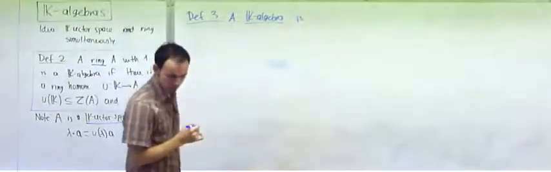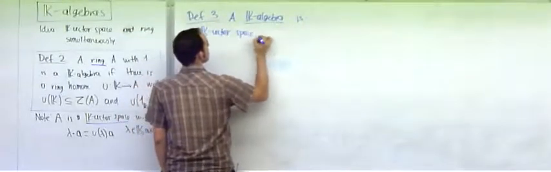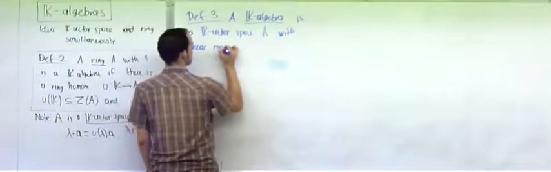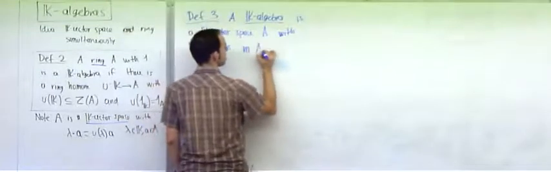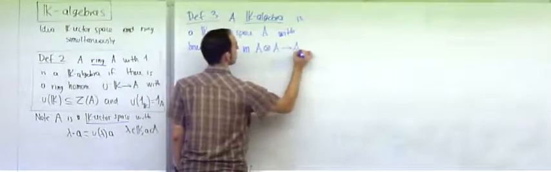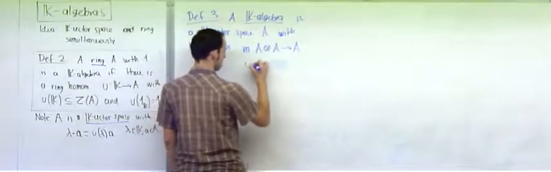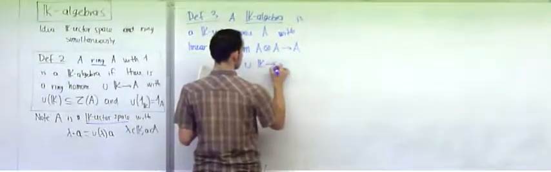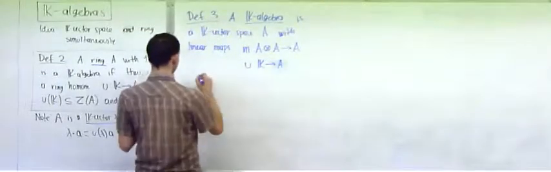So we're going to say that a K algebra is a K vector space A which has linear maps M from A tensor A to A and U from K to A, such that these diagrams commute.